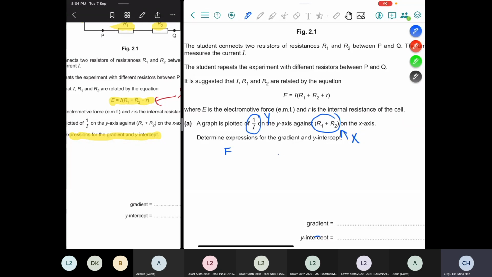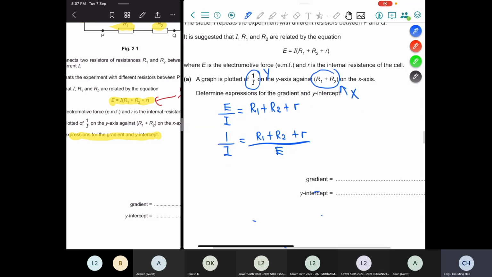So what I do is you move the I to the other side, and then you should get R1 plus R2 plus small r. The next step will be to move the E to the other side. So you end up with R1 plus R2 plus r over E. I can do some maths here.